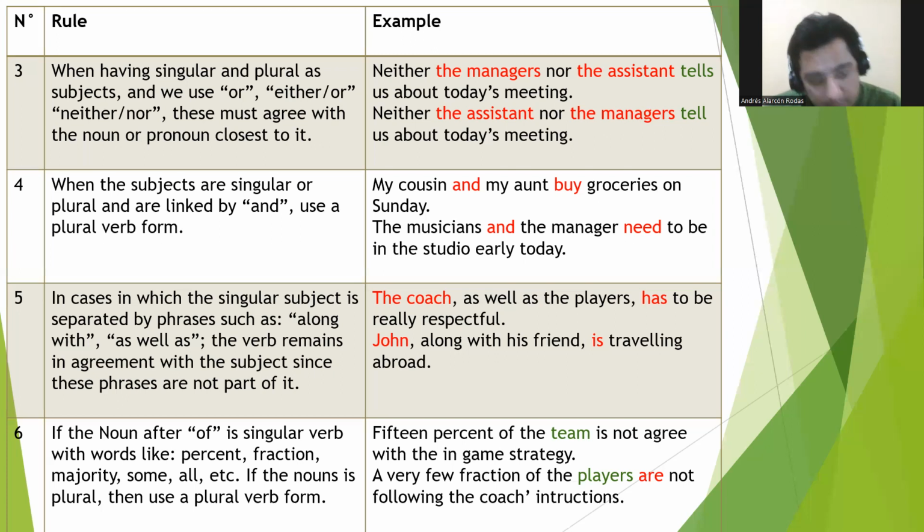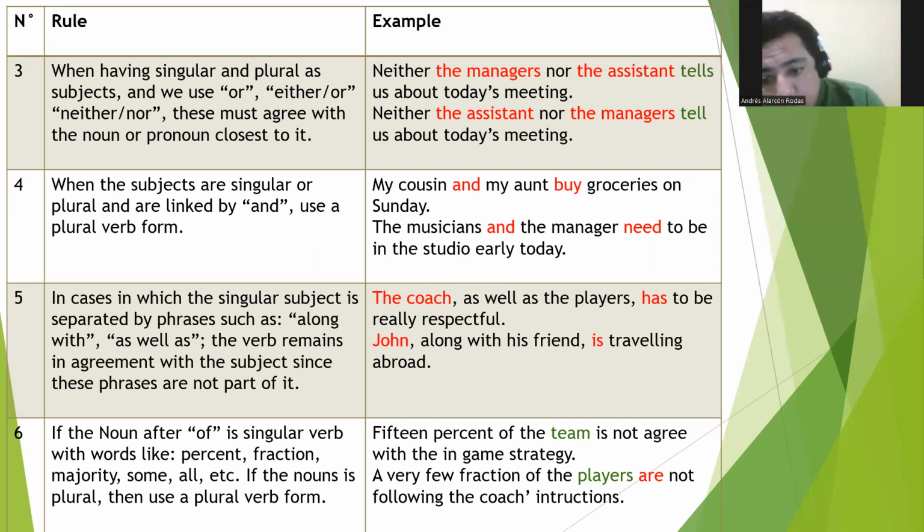My example, 15% of the team is not agree with the in-game strategy. In this case, I have of, and I have the word percent. So if the noun is plural, then use a plural verb form.